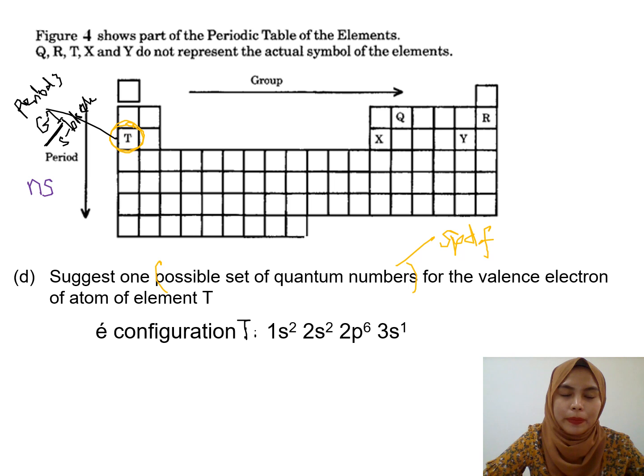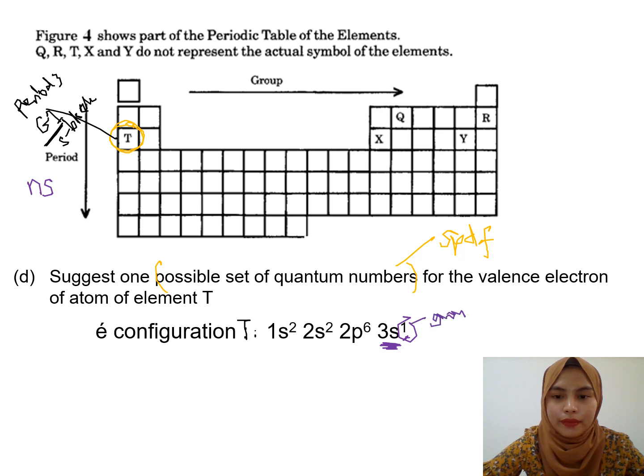Tapi sebab T berada pada period yang ketiga, therefore dia punya valence shell mestilah 3s1. Sebab itulah, satu ni adalah dia punya group, 3 ni adalah period, and then S ni adalah S block.